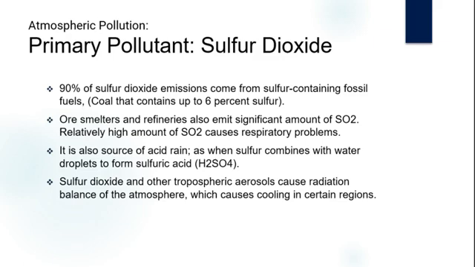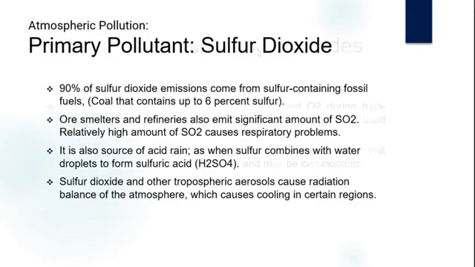Sulfur dioxide and other tropospheric aerosols cause radiation imbalance in the atmosphere, which causes cooling in certain regions. So, aside from causing acid rain, it can also cause a temperature imbalance in certain regions, such as major rain in less rainy regions, or even a really hot climate in tropical regions.